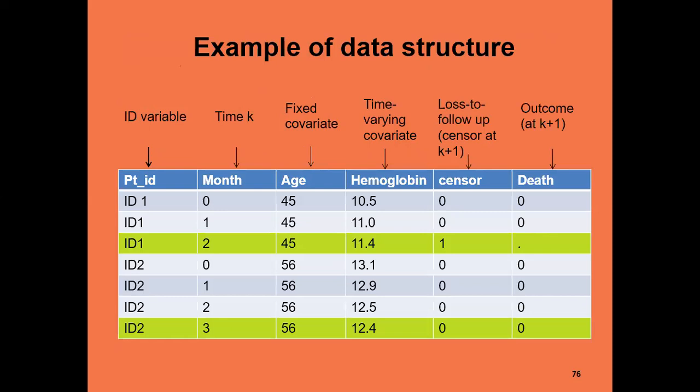Also, the last follow-up time varies for different patients, and we define the outcome. The outcome is missing at the last line of the record for each patient, because we are predicting what will happen to the patients in the next record.